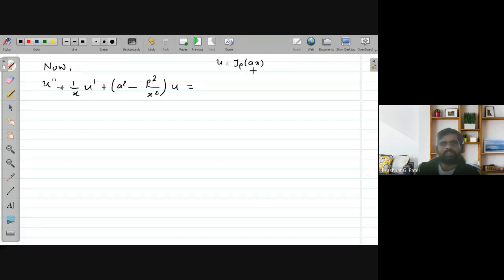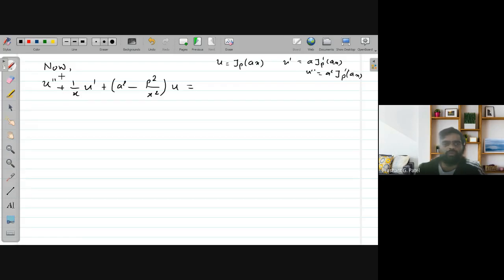So if I differentiate this two times, the first time we will have u dash will be Jp dash of ax into a, because the derivative of ax gives you a. When you differentiate a second time, u double dash will be a square into Jp double dash of ax.